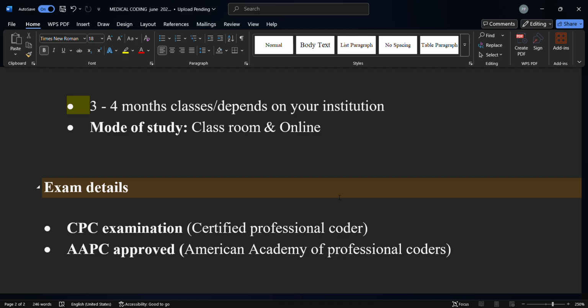So if you are ready to do medical coding, you have to choose an institution and also know the CPC related things. Try to understand this basic concept, know the basic details, and choose the right institution for studying medical coding.